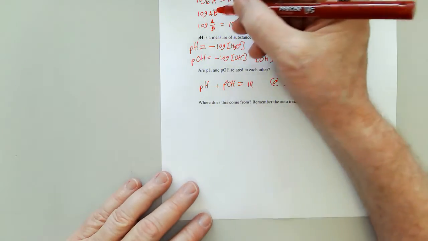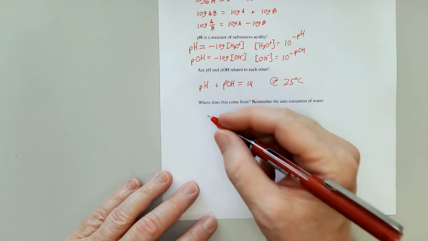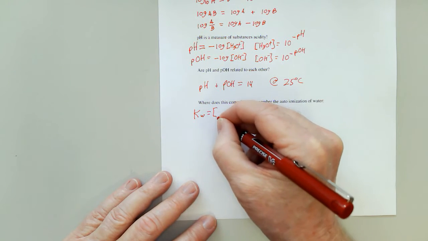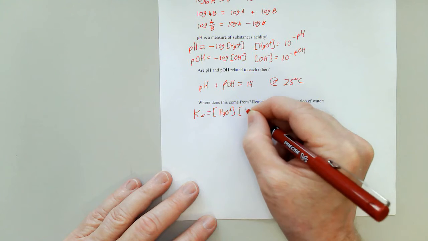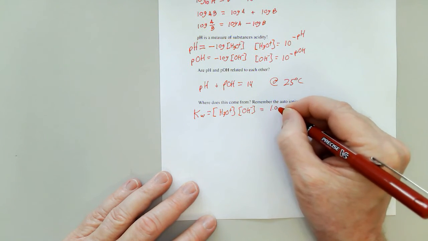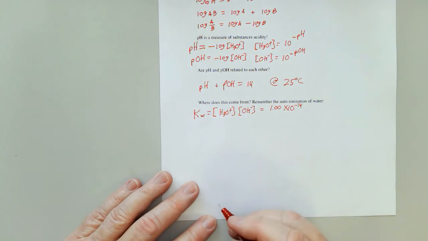It's kind of a fun exercise to see if you actually learned anything in Algebra 2 about logarithms. We know from the previous page that Kw is equal to the H3O plus times the OH minus, and that value is 1.00 times 10 to the negative 14th.